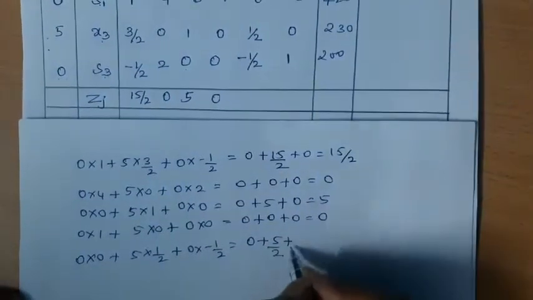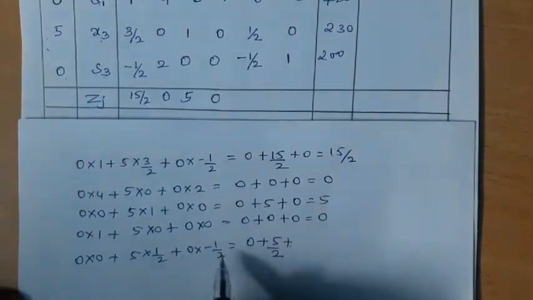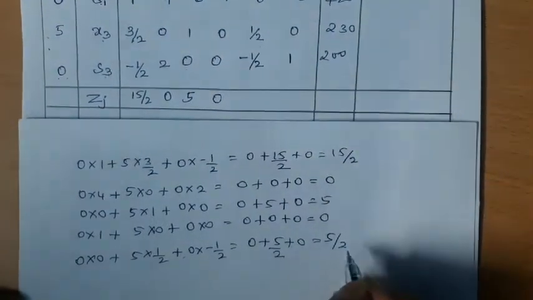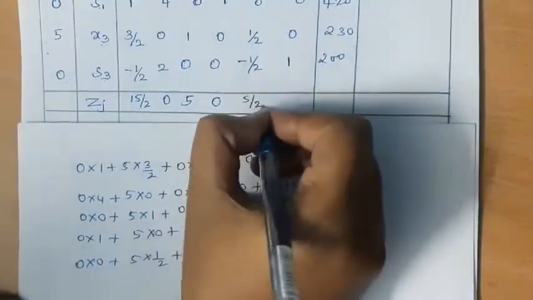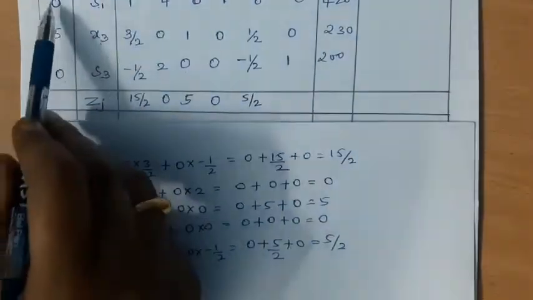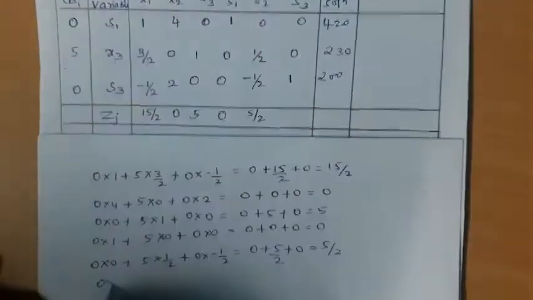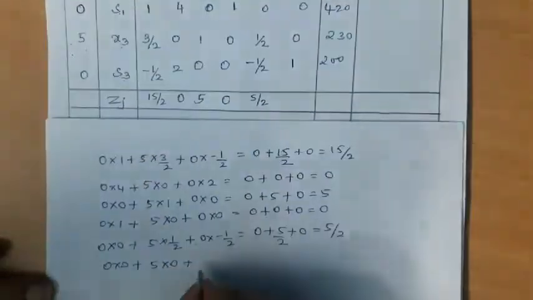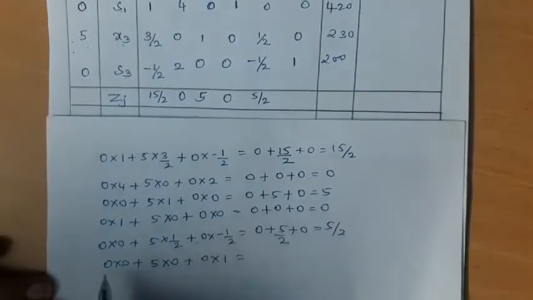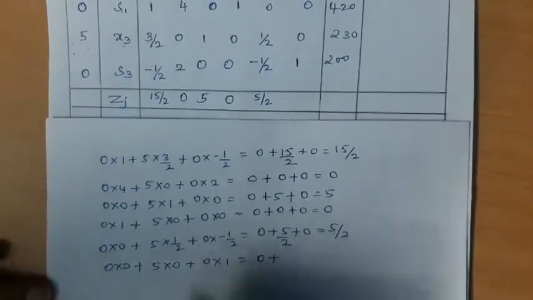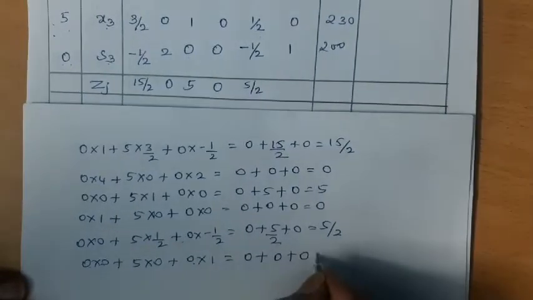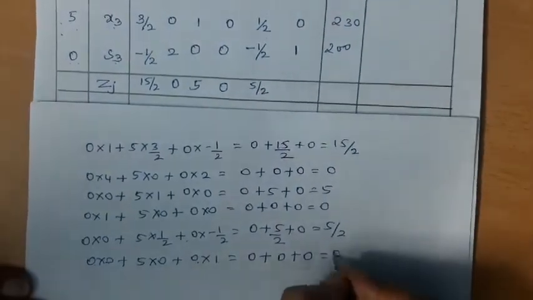5 by 2 plus 0 into minus 1 by 2, 0. So that is equal to 5 by 2. So assign here 5 by 2. Next, 0 into 0 plus 5 into 0 plus 0 into 1. So that is equal to 0 into 0, 0, 5 into 0, 0, plus 0 into 1, 0. So that is equal to 0.